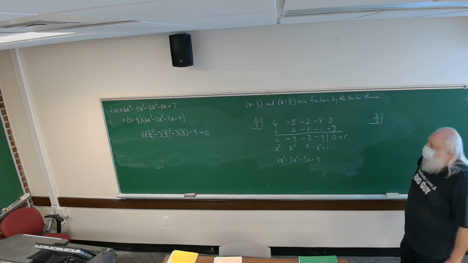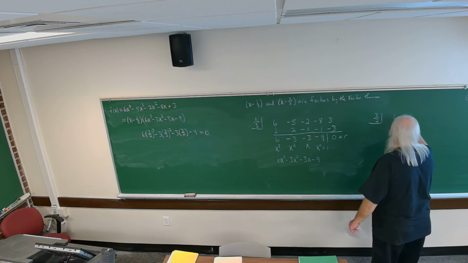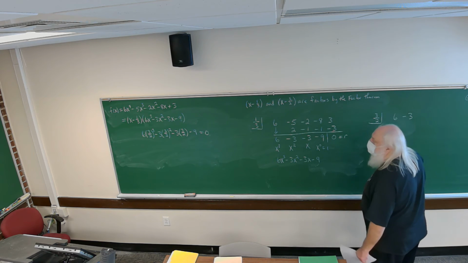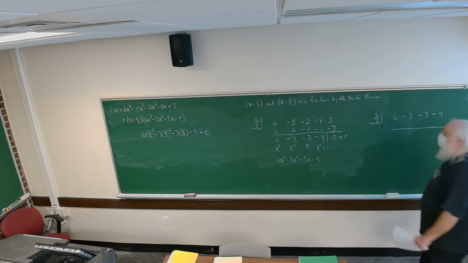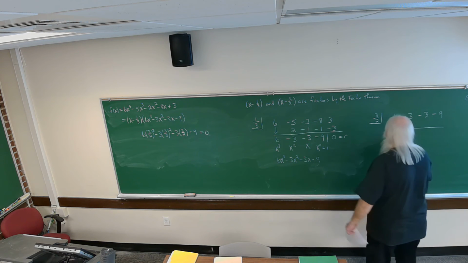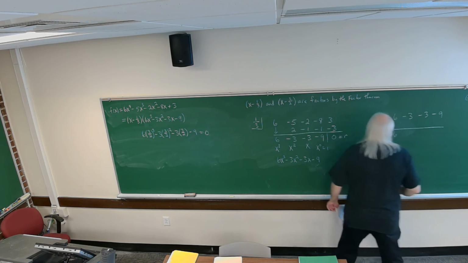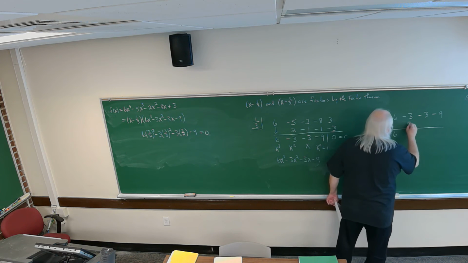Then what are the coefficients for that third degree polynomial? 6, minus 3, minus 3, minus 9. We're dividing that third degree polynomial by x minus 3 halves. And now we do the synthetic division. Bring down the 6. You multiply it by 3 halves, you get 9.